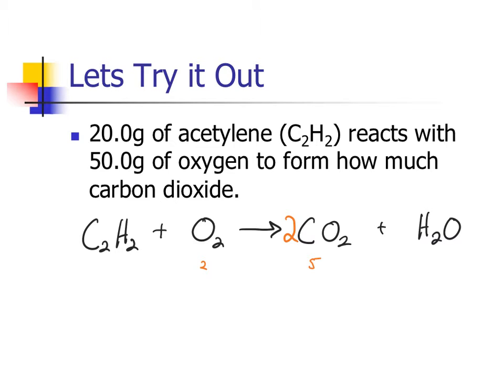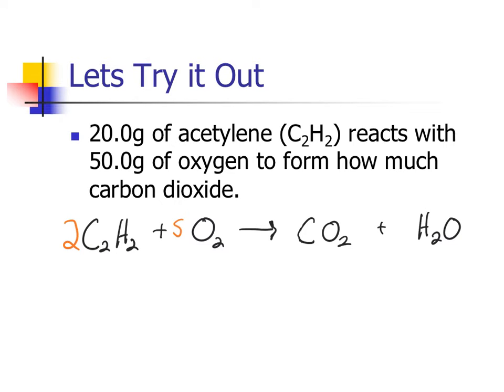Well, I can see where my problem is, and that is over in that water molecule. Or I can use the little trick that I've used before, and that is utilizing the fact that if I needed 2.5 and I multiplied everything by 2, well, that would mean I need a 2 in front of my acetylene.